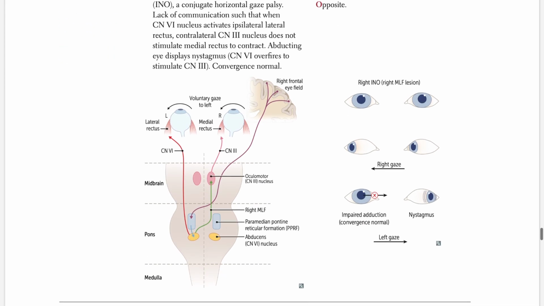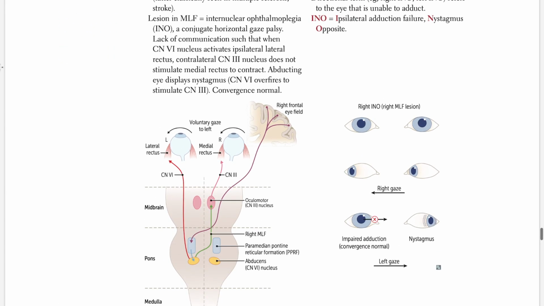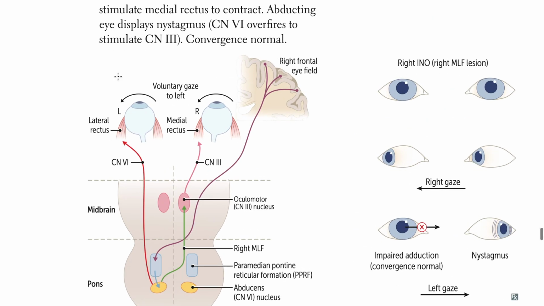Let's take a look at the picture first, because pictures make sense. We have the frontal eye field. The frontal eye field is like, okay, I want to look to the left. There's a pizza there, a Coke, some cheesecake, something is there, but I've got to look on the left side.